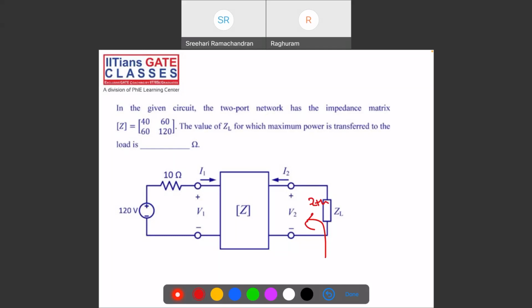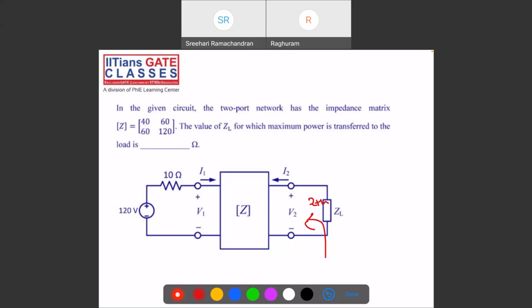No, let me give you a simpler way to do this. V2 by I2 at I1 equal to 0. Z22 is 120.